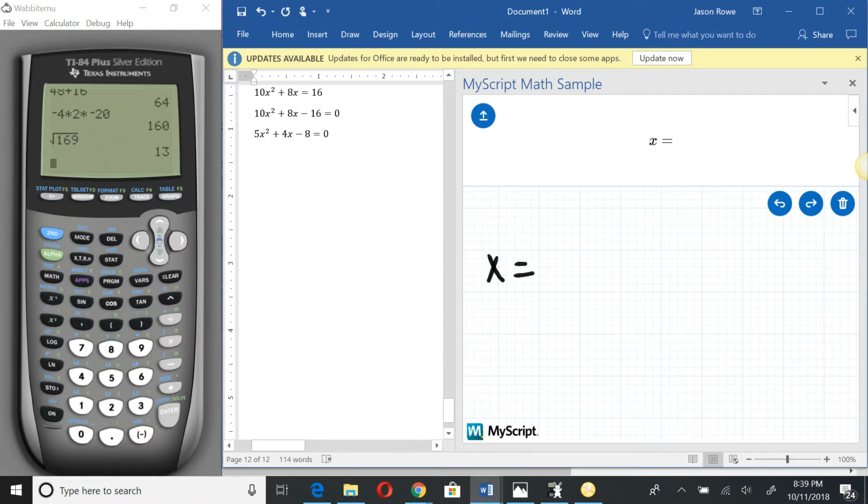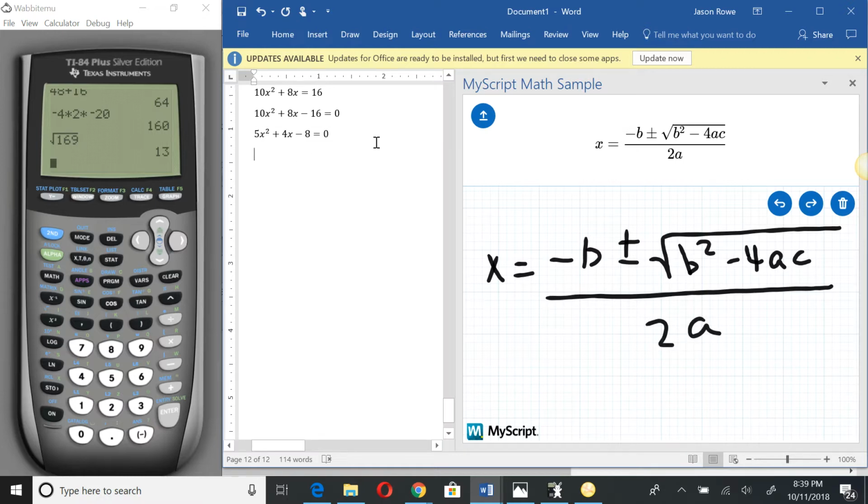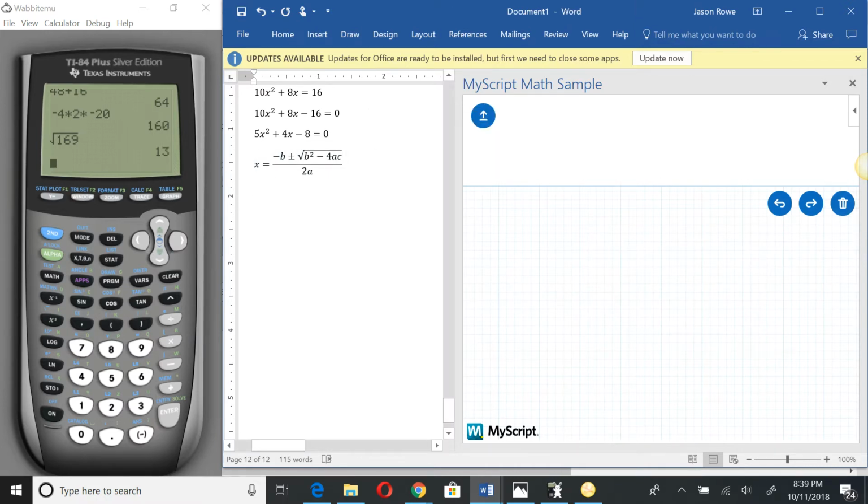So opposite of b, plus or minus the square root of b squared minus 4ac, all divided by 2a. So plug and check.